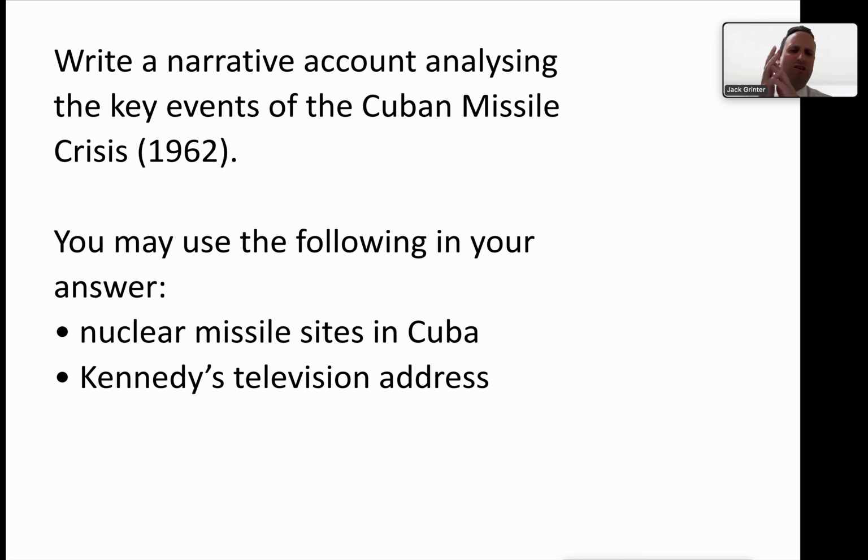Like the television address, which I haven't actually mentioned today but think is on one of the previous slides, where Kennedy spoke to the US population, telling them about the situation in Cuba and that they were going to have the naval quarantine. Then I'd end with the consequences of the Cuban Missile Crisis, like the hotline being established and the thaw that we saw following that.